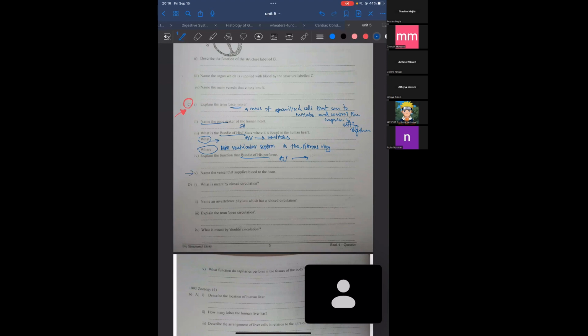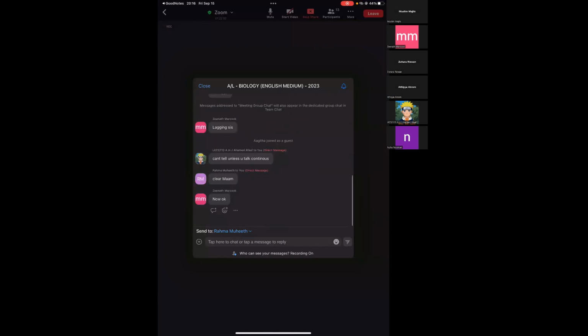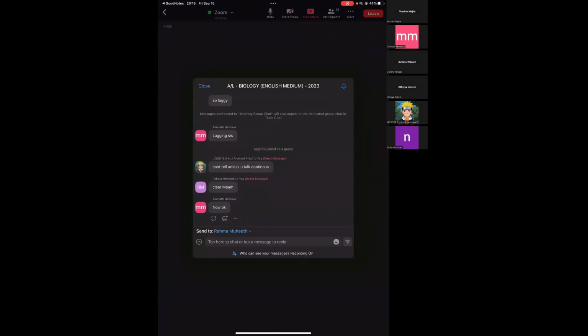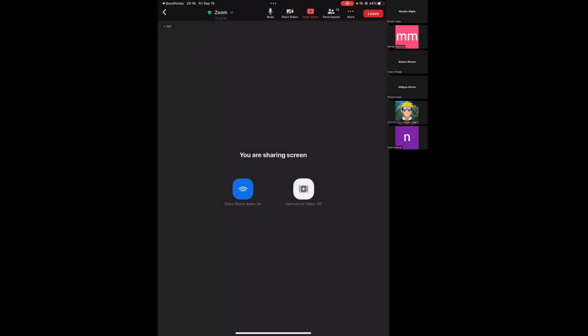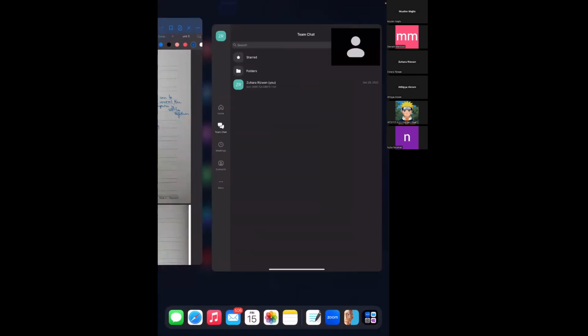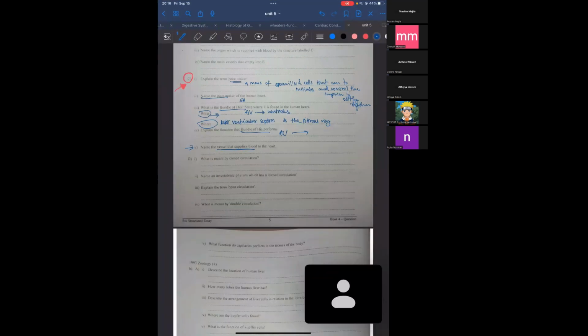Okay, name the vessel. Can somebody answer? Name the vessel that supplies blood to the heart. Give me answers. What is a vessel that supplies blood to the heart? The vessel that supplies blood to the heart is different from the vessels that bring oxygen poor blood back to the heart.